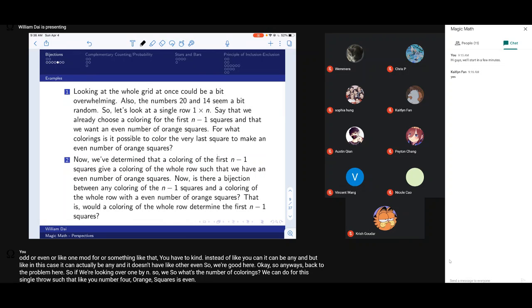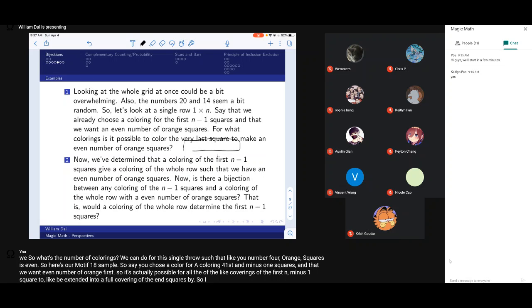So here's our motivating example. Say we chose a coloring for the first n minus 1 squares and that we want an even number of orange squares. It's actually possible for all of the colorings of the first n minus 1 squares to be extended into a full coloring of the n squares.